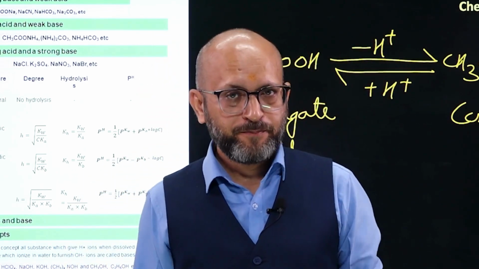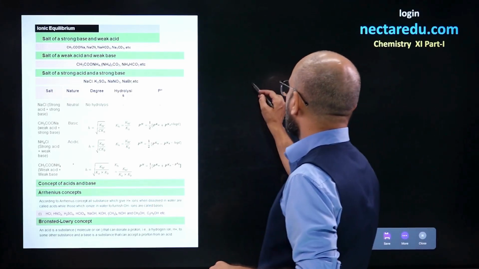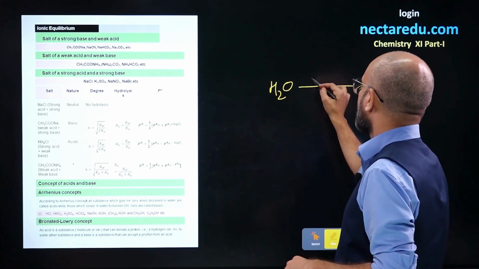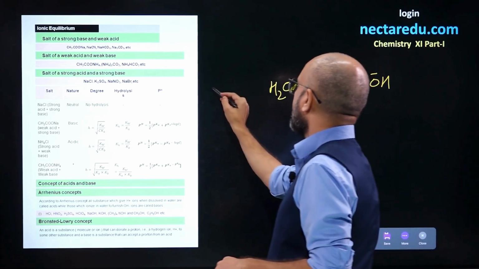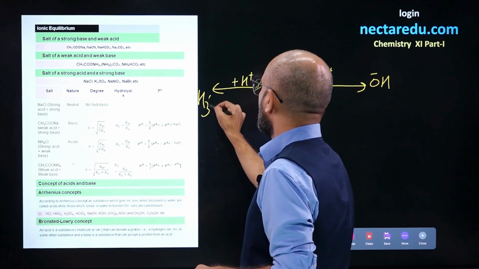Let me tell you, there are a few examples which can behave as acid as well as base. For example, water. What you see in water is that it has the tendency of both. It can give H plus and form OH minus, and it can add one H plus and form H3O plus.